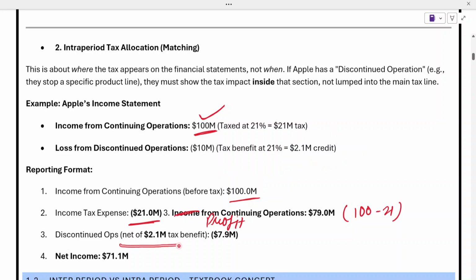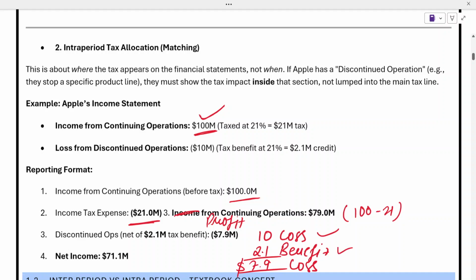So out of this 10 million, which was the loss, you will get a benefit of 2.1 million. So effectively your loss will be 7.9 million dollars. Why? Because the losses are 10 million, the benefit is 2.1 million, so the effective loss is 7.9 million.